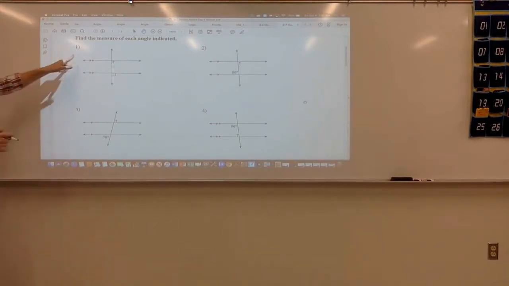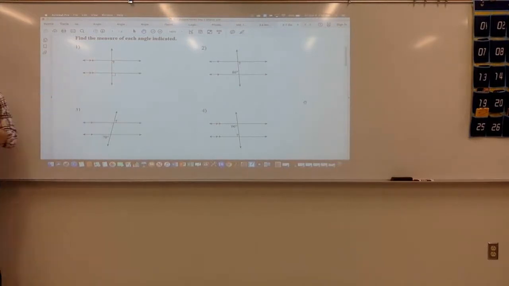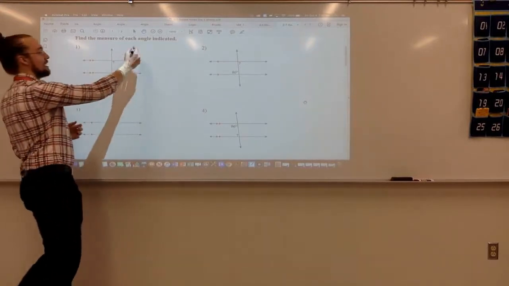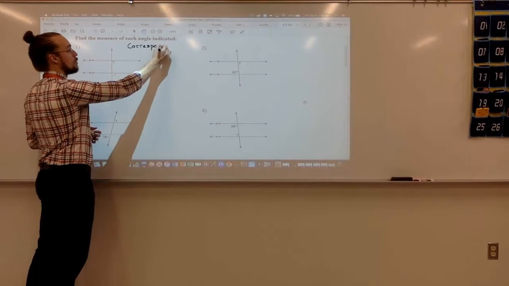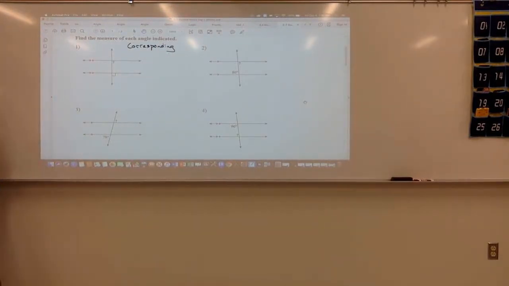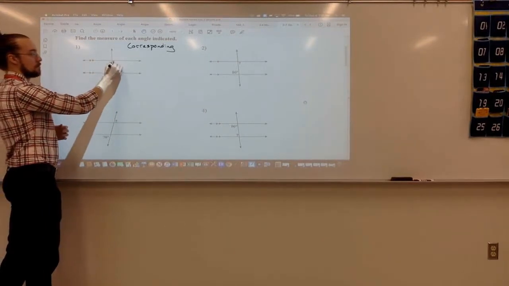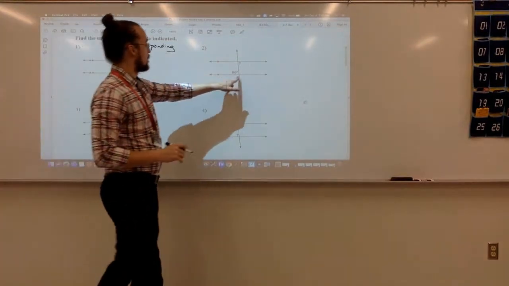In the first one, what is the name of the relationship between these two angles? They're both right angles, yeah, but corresponding is what I was getting at. These are corresponding angles, and I know corresponding angles are always equal to each other. So if this one's 90, this one's 90. How about in number 2?